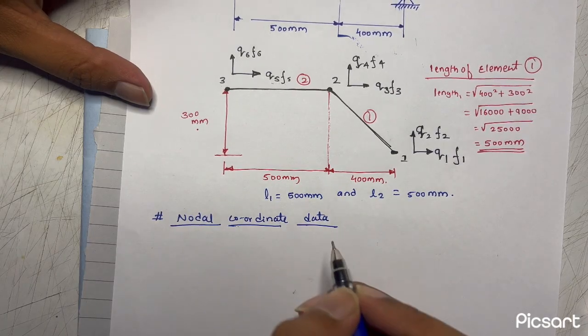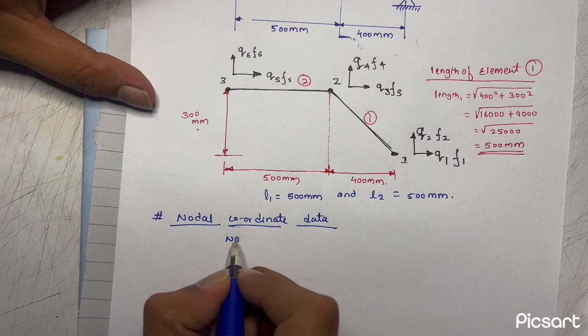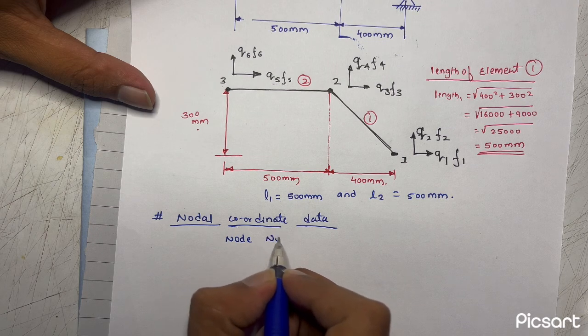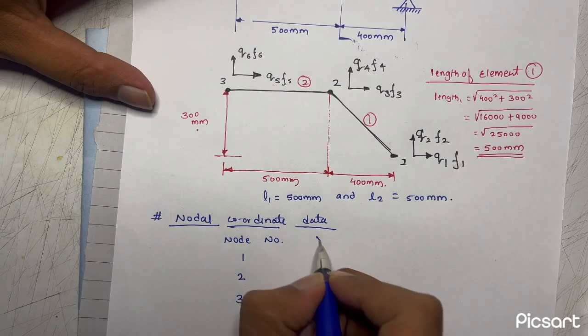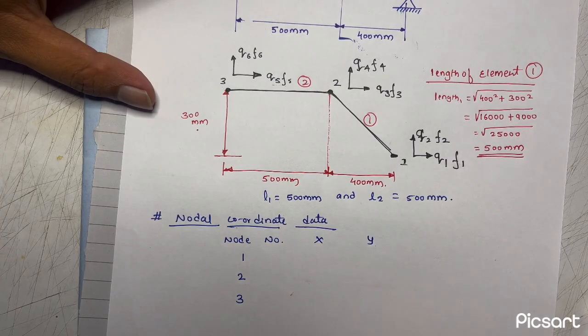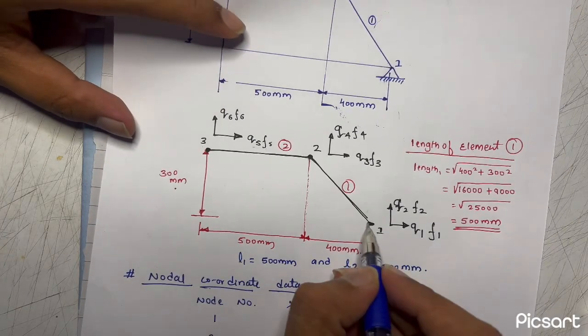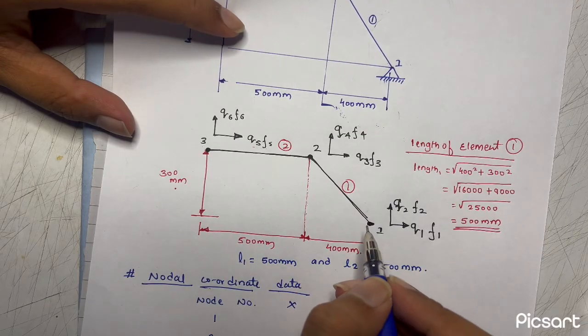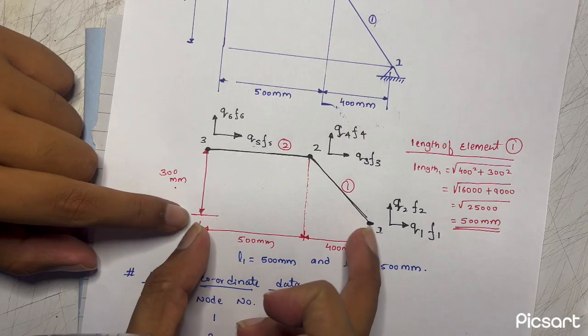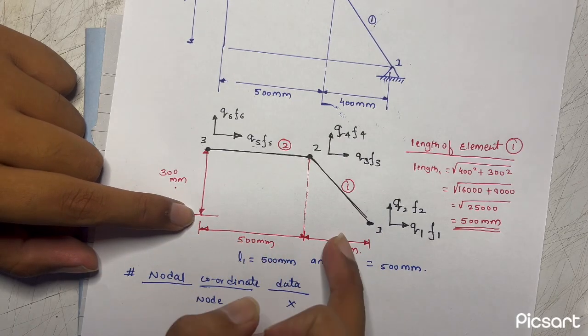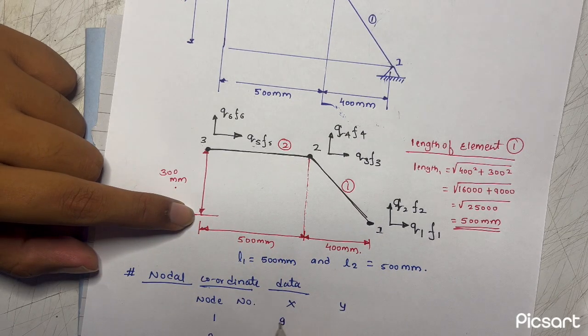As here we have 3 nodes, first is node number, that is 1, 2, 3. Then x and y. If you consider node 1 as origin, check the distance. This distance 500 plus 400, that is 900.